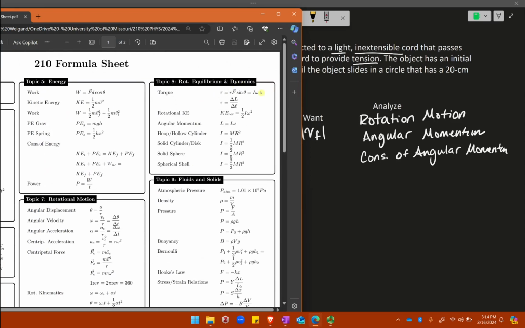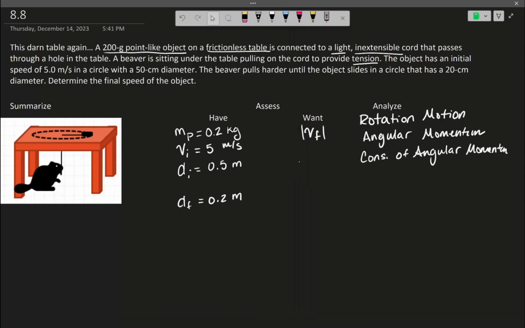Torque could also potentially be helpful, but I think that angular momentum is going to be the easiest approach to this problem because I know that there's going to be a conservation of angular momentum, and the angular momentum equation is fairly straightforward.